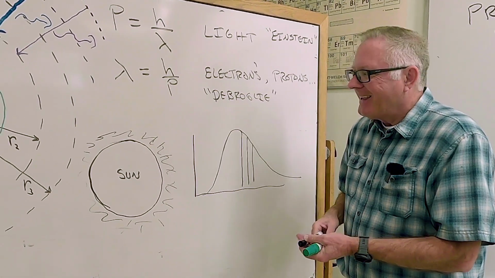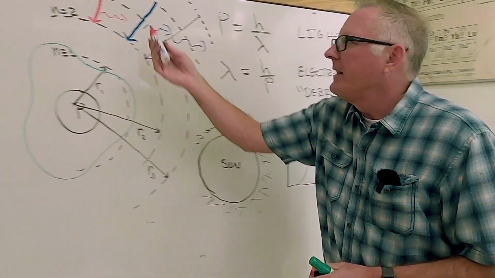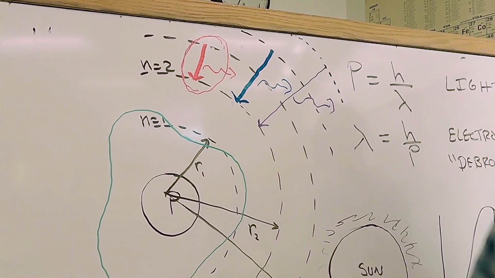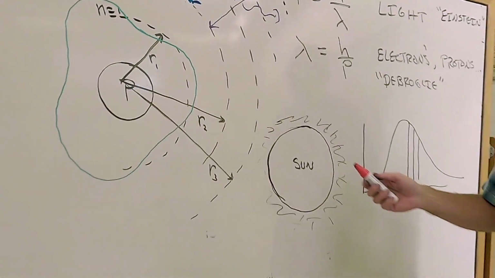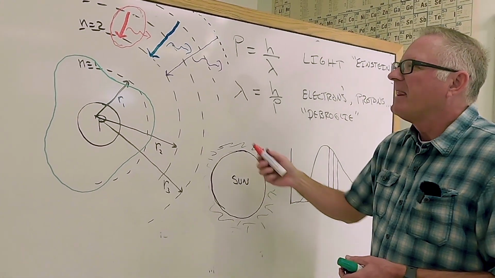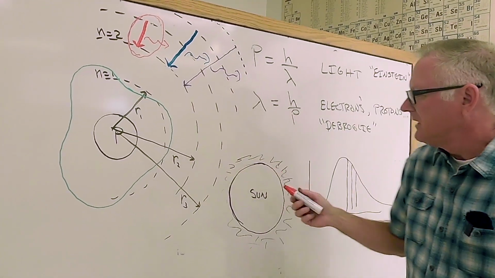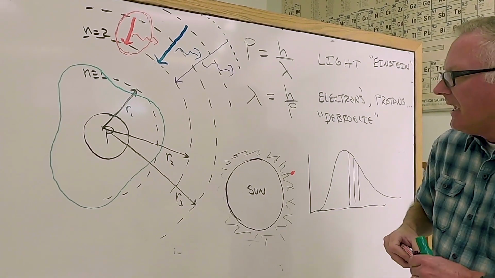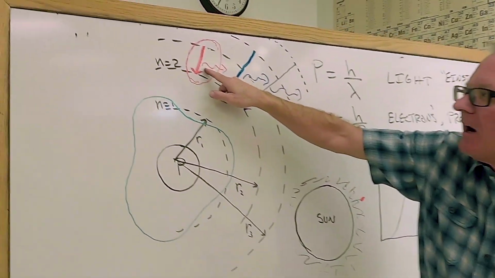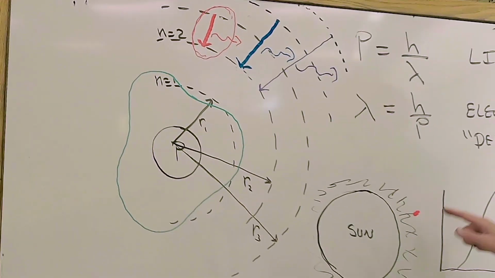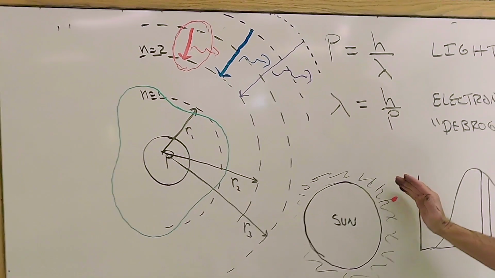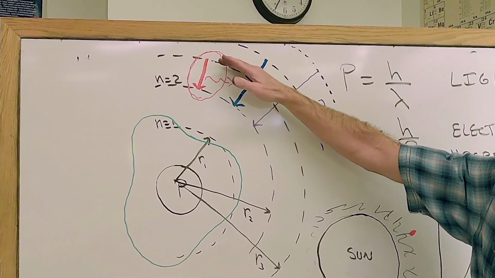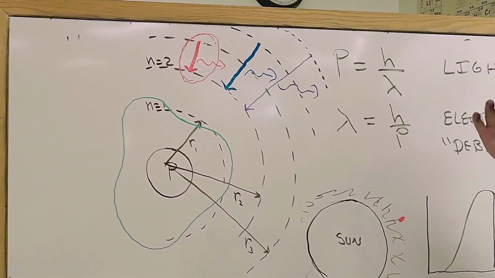And how do you get those? Well, if we look at this line right here, normally you get an emission spectrum from this. You get that red line. But let's just say the sun is putting off that frequency. It puts off all the frequencies. But you have an atom out here, a hydrogen atom, and when this photon of this energy hits the hydrogen atom, it's going to kick the electron from the n equals 2 level to the n equals 3 level, and then it drops back down.